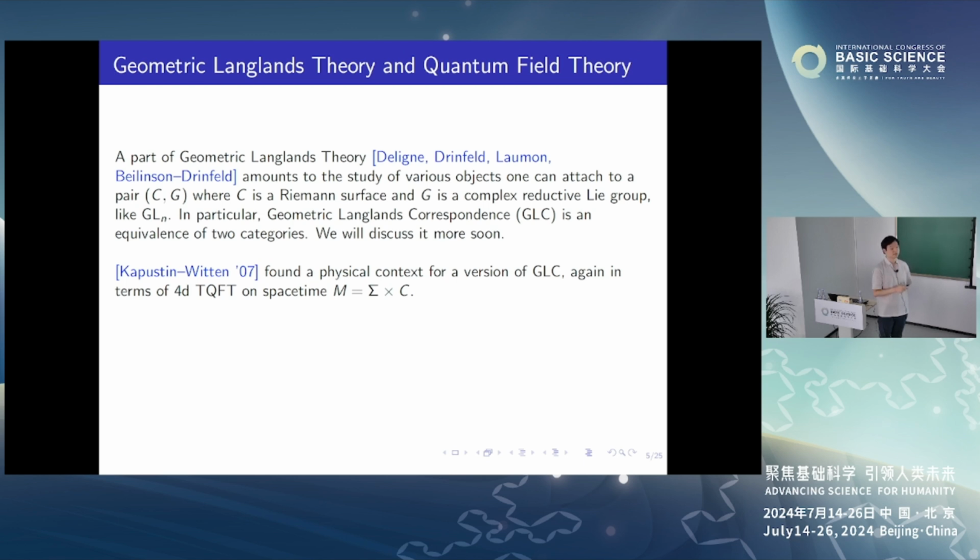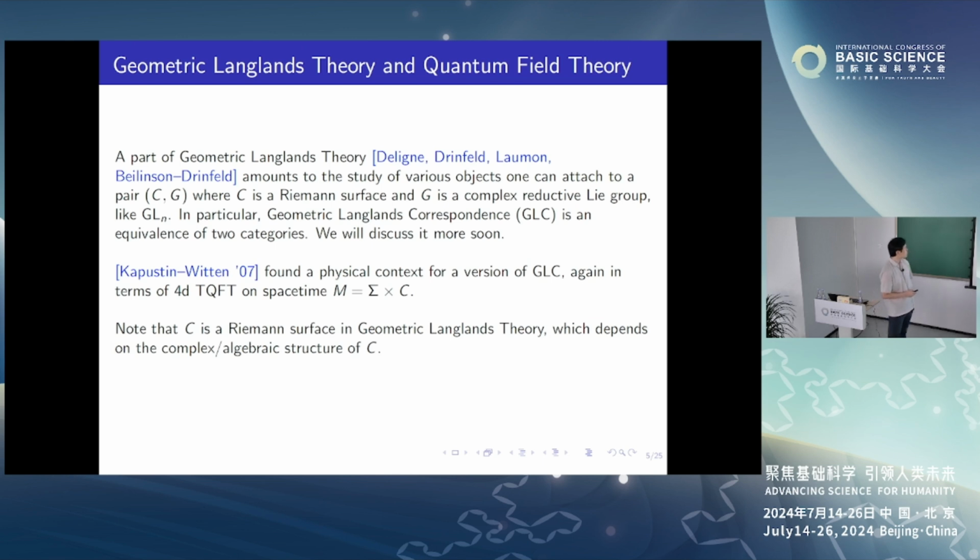You just need to specify what kind of four-manifold you consider. The curve C, which is used to formulate geometric Langlands, is used in your space-time. Your space-time is a four-manifold: the Riemann surface accounts for one two-manifold, and you have another two-manifold, sigma. So that's how you get 4: 2 plus 2 is 4, right? By thinking of a particular four-dimensional TQFT on a space-time of this particular form, they found a physical context.